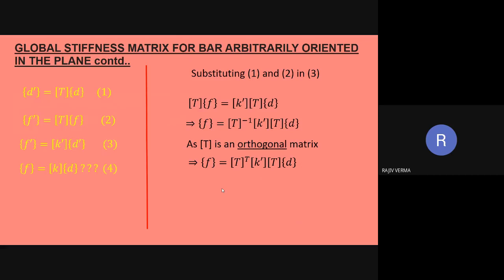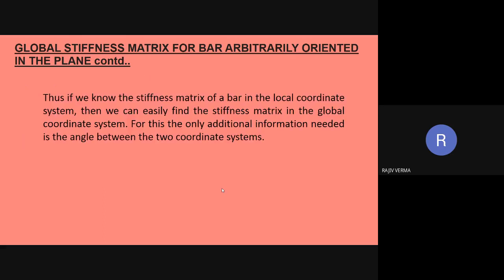Now what we get over here is a relationship between f and d, and there is going to be a transpose of a matrix multiplied by K dash, which is a local stiffness matrix, and then multiplied by T. And since this can be written as f is equal to K into d, which basically is a relationship between force and displacement in the global frame, where K obviously is going to be represented by T transpose multiplied by K dash into T. Thus, if we know the stiffness matrix of a bar in the local coordinate system, we can easily find the stiffness matrix in the global coordinate system.